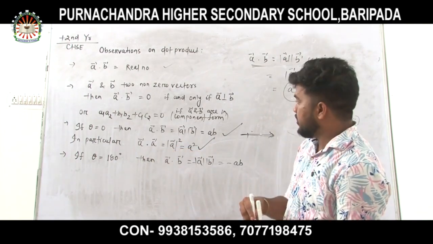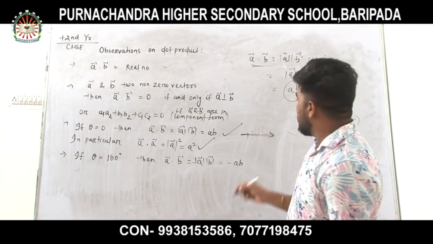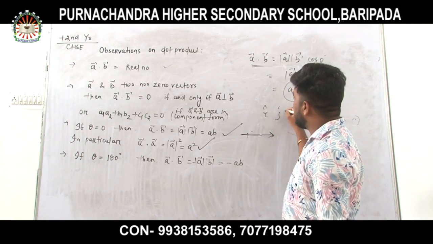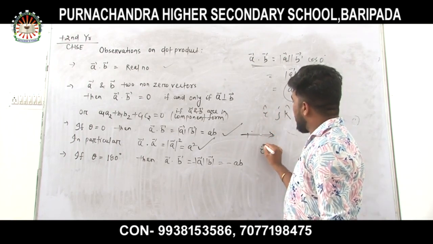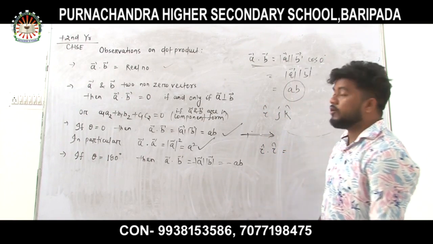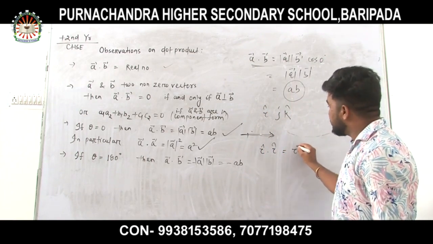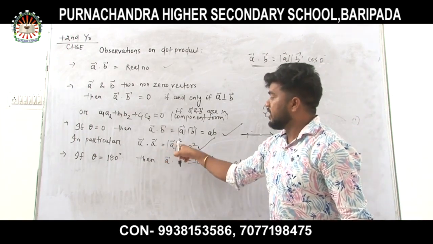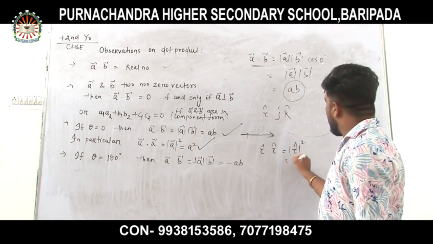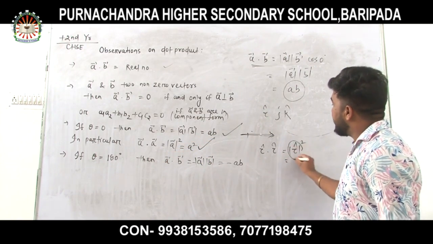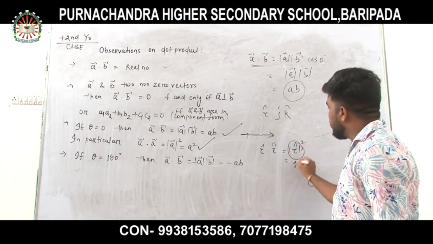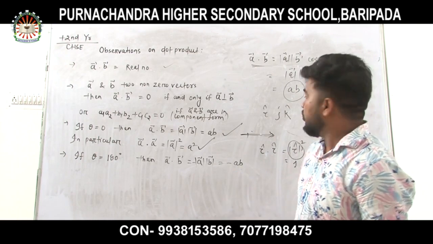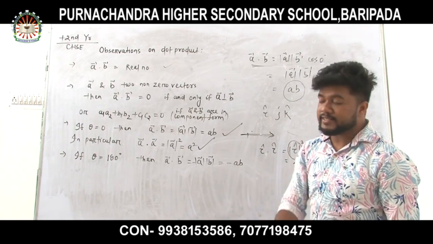But in the unit vector case, that is i, j, k: i dot i is 1, because the magnitude of i is 1. A dot A is A square, so i dot i is i square, and the magnitude of i is 1 because i is the unit vector which directs the direction of the x axis.